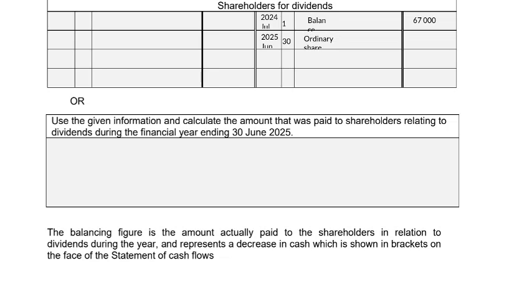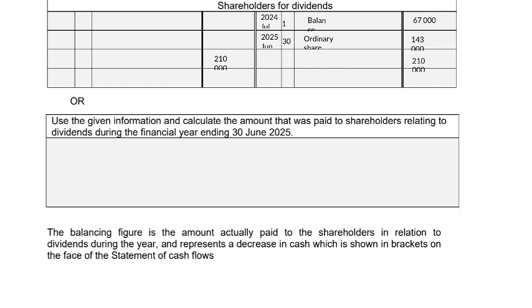And that was 143,000 according to the additional information given. So our subtotal will then be 210,000 Rand. That will be the same as our debit side to make the ledger account balance.